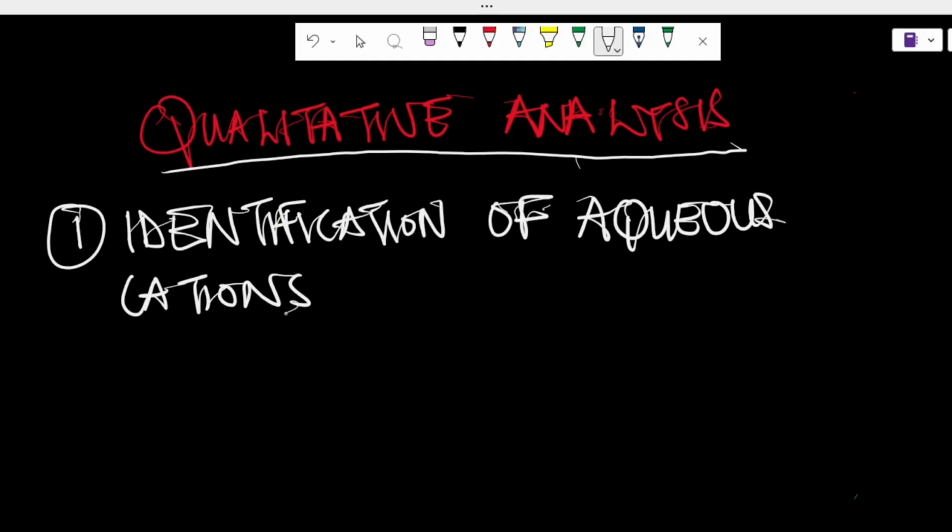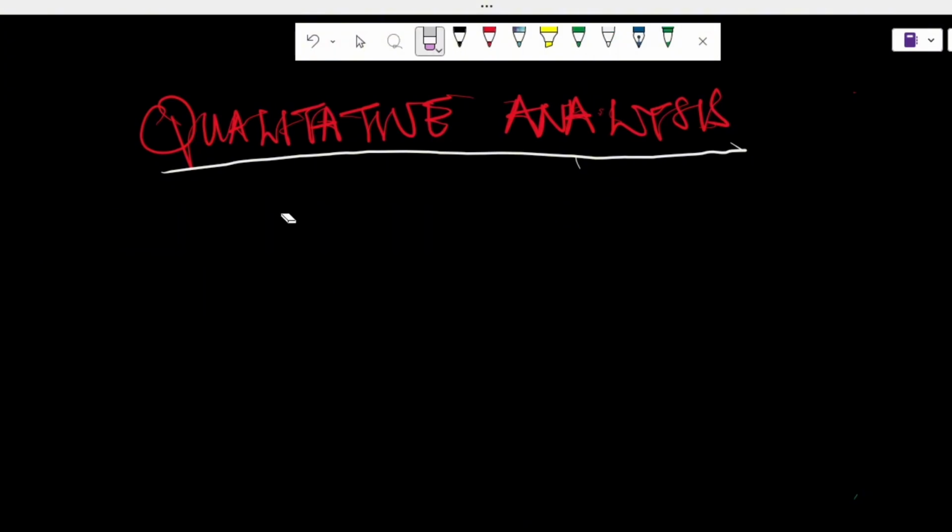So we want to understand the identification of aqueous cations using characteristic reactions. So here's what we are going to do. There are common cation tests that we have in chemistry, and so let's go ahead and look at them.